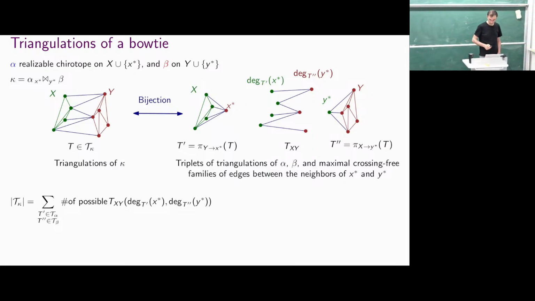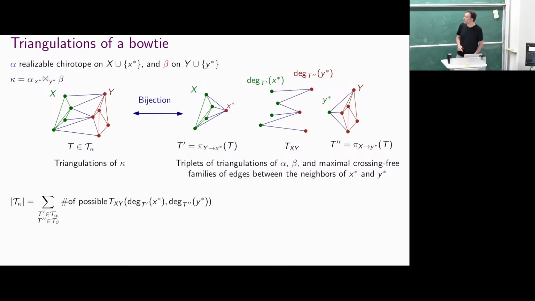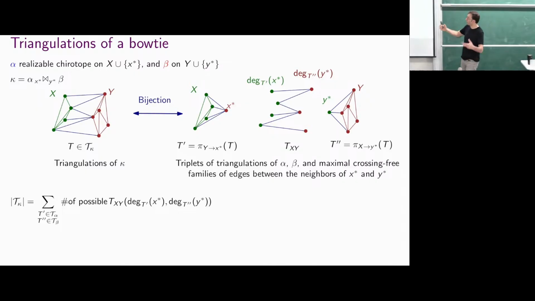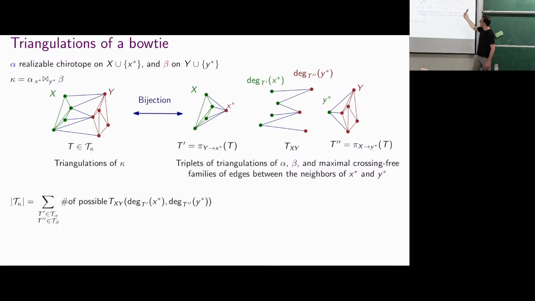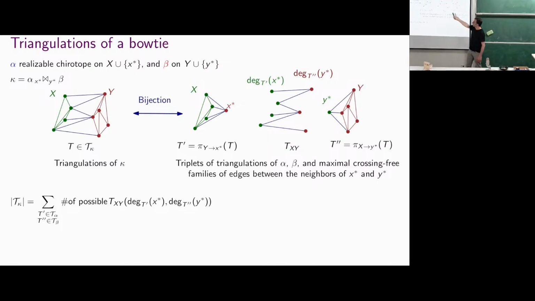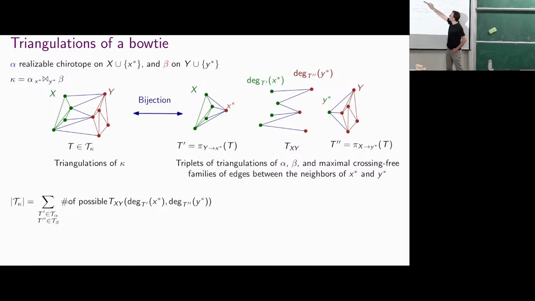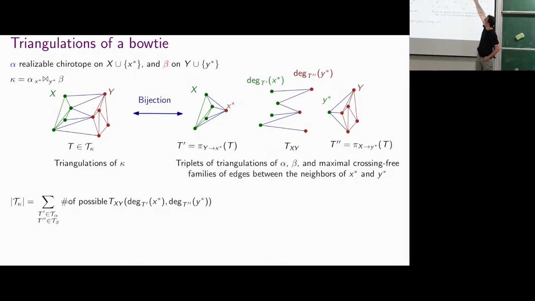What we can show is that there is a bijection between the triangulations of the combined point set and the triples formed by a triangulation of the first part, a triangulation of the second part, and an inclusion-maximal set of edges connecting the neighbors of x star and the neighbors of y star. Because every green point looks the same from red and every red point looks the same from green, we don't even need to record which are those neighbors. We only need how many of them there are.